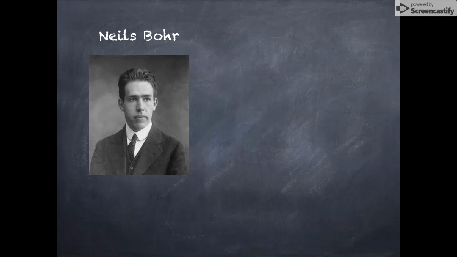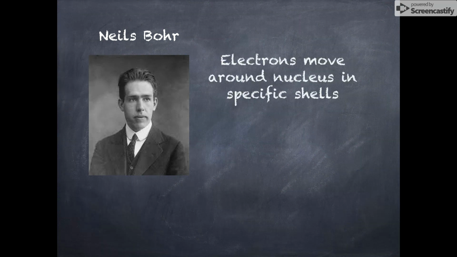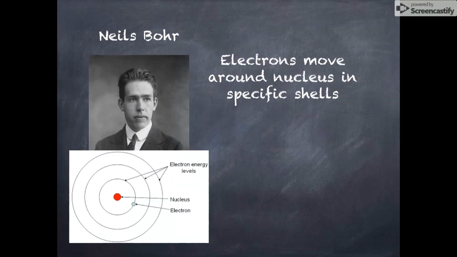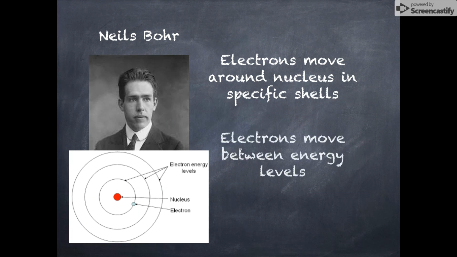So Bohr kind of tried to answer this question, and he created a model, the Bohr model, where electrons move around the nucleus in specific shells, and each shell has a different energy level.